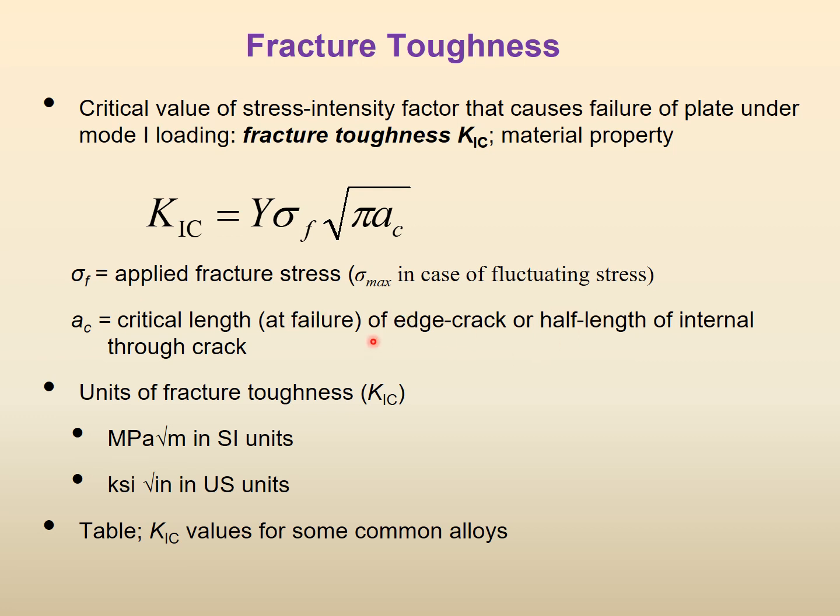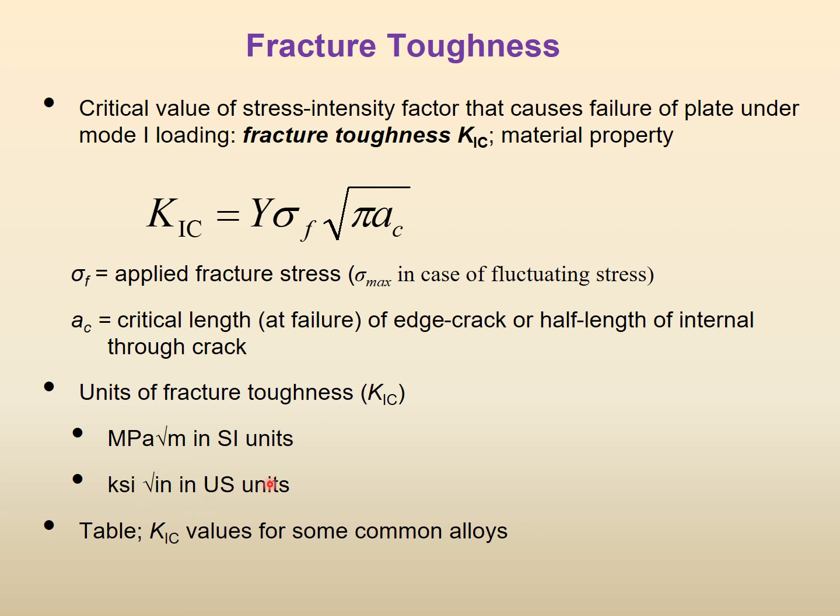Okay. So now if you see what the units are, Y is just a constant, sigma is megapascal, right? And A is the crack size, so it is meters or millimeters or something, right? So this is megapascal, this is root meter, so the unit is megapascal root meter in SI units, or kilo PSI root inch in the US units, isn't it?